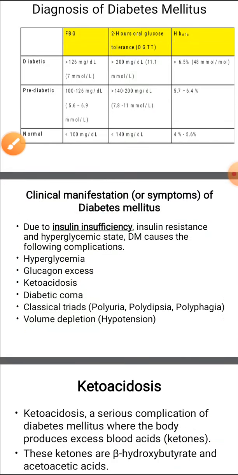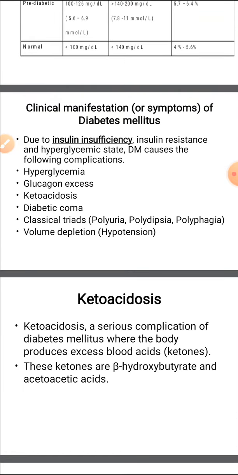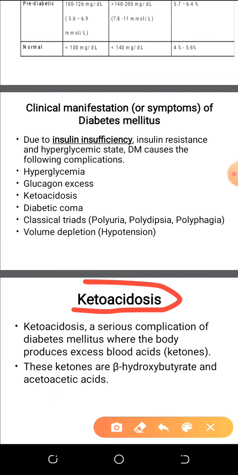It can also lead to the formation of ketone bodies, which we call ketoacidosis. So the acids in the body increase, the acetones increase, and the other ketone bodies, beta hydroxybutyrate and acetoacetic acid, increase.